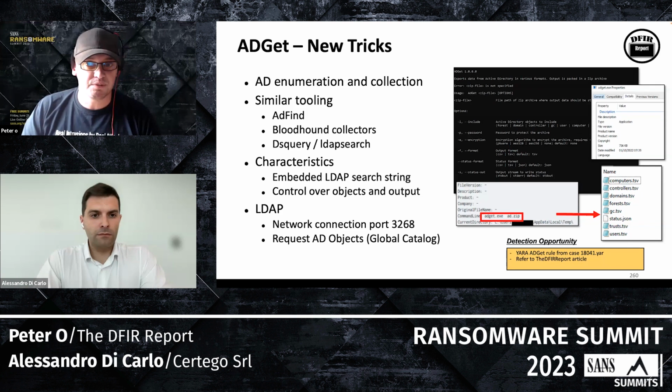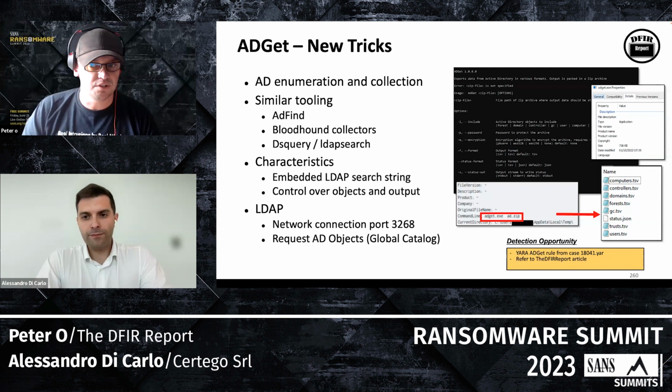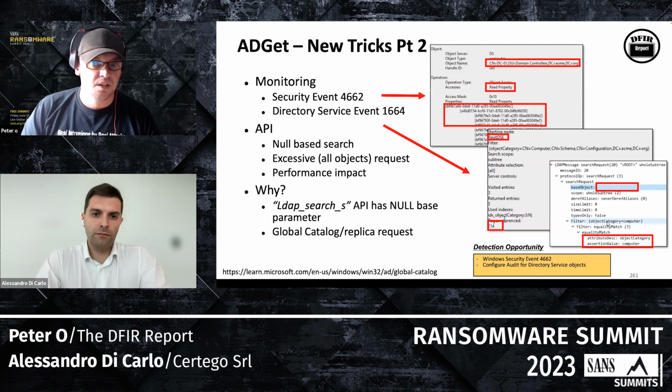There is little information surrounding this tool, but we were able to determine that the AD enumeration was done using LDAP requests, and these requests were sent via the global catalog port 3268 rather than a typical 389 port. As mentioned, ADGet hard codes all the LDAP search strings within the code, so when we did the static analysis, we could see those strings.